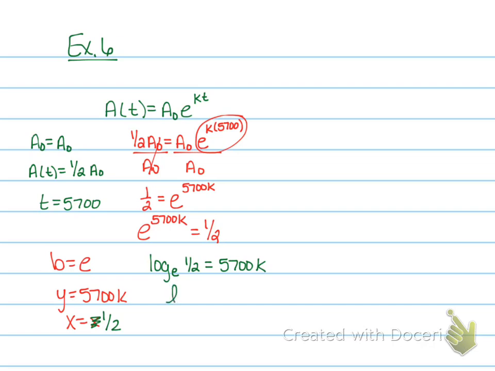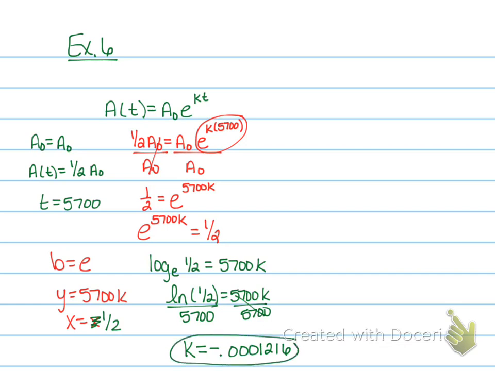We know log base e is the natural log. So the natural log of 1/2 equals 5,700k. Divide by 5,700. I'm going to put this in my calculator, and I'll end up with k approximately negative 0.001216. It's a rate, so I went several decimal places out after I got through all those zeros.